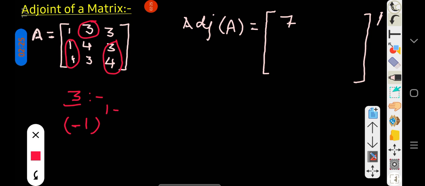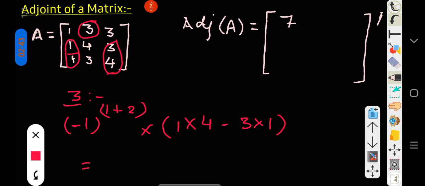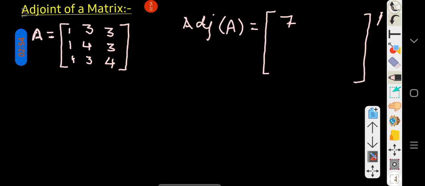First row plus second column, right? And then 1 times 4 minus 3 times 1. So minus 1 raised to the power 3 will be minus 1 only, and this will be 4 minus 3, which equals minus 1. Okay, so the second element will be minus 1 here.